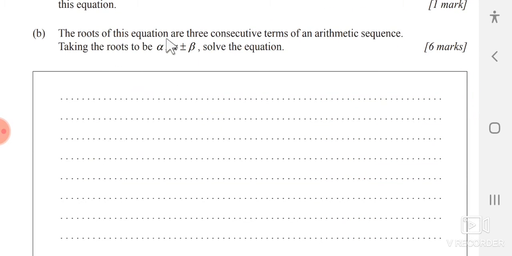Now, the roots of the equation are 3 consecutive terms of the arithmetic sequence, taking the roots to be alpha, alpha plus beta, and alpha minus beta. First term could be alpha plus beta, then the second term could be alpha only, and then the last term could be alpha minus beta.